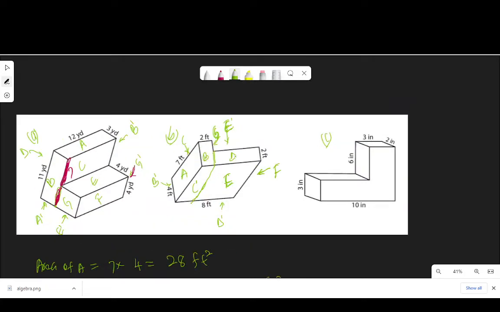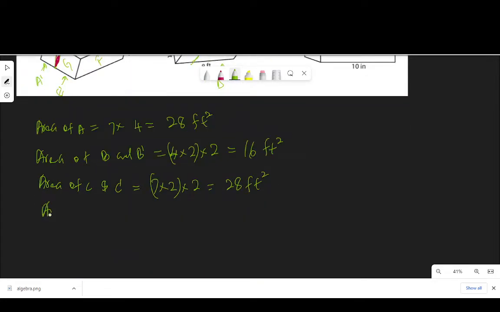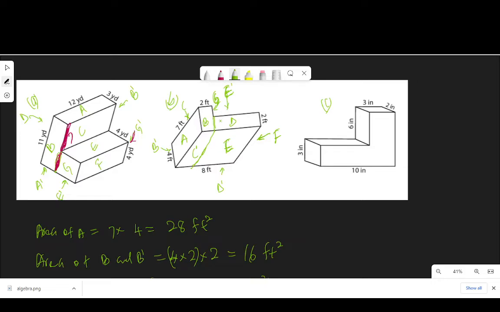Area of D and D prime. The length of D, this is D here, is from here to here, and that is 6. 6 because the whole of this is 8, and from here to here is 2.